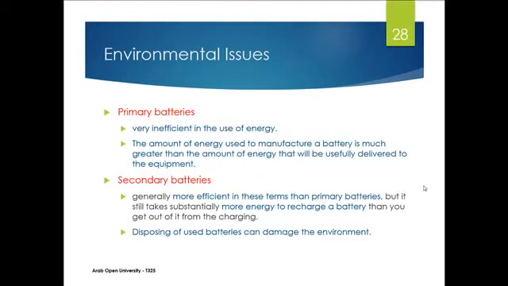However, we are still giving the battery more energy to recharge it than it will provide us. In addition, as is clearly seen on the back of rechargeable or secondary batteries, the disposal of these batteries can damage the environment, and thus they should be disposed of in a proper way.